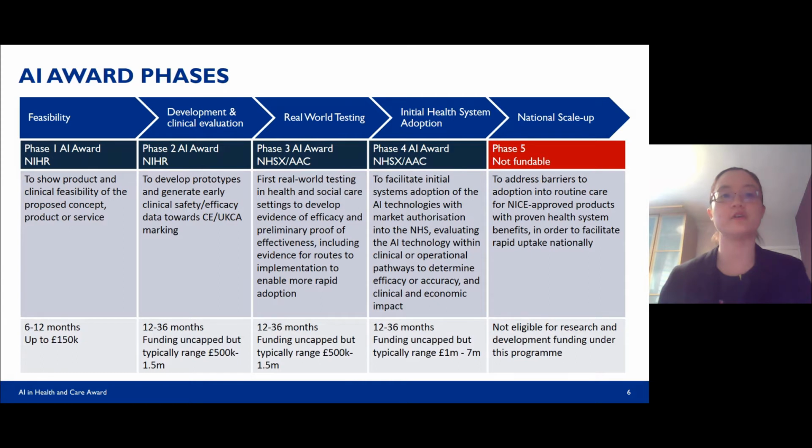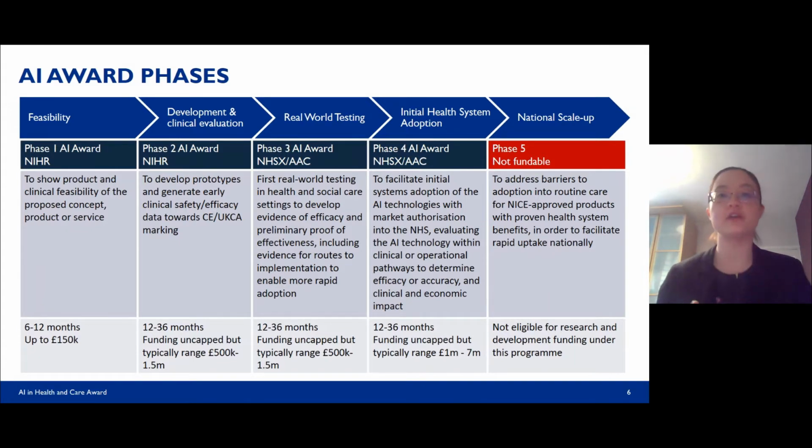This will often involve retrospective validation of the AI technology on multiple clinical data sets. The third phase is the first real-world testing of the AI technology. This is the first prospective testing of the technology at one or more NHS or social care sites across the UK.